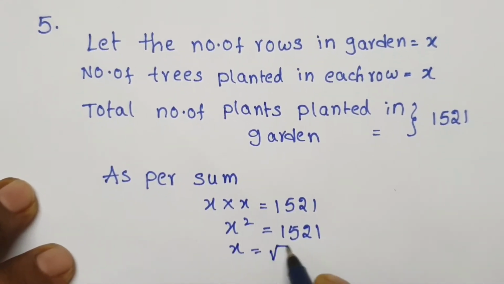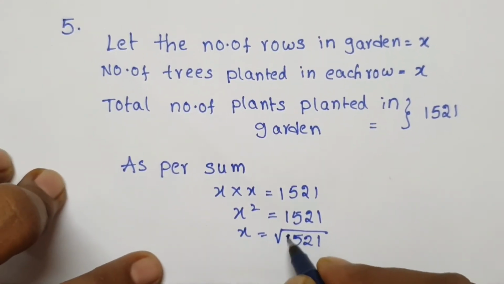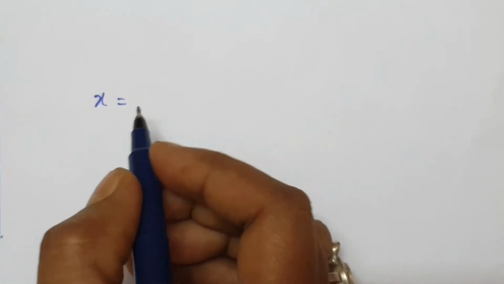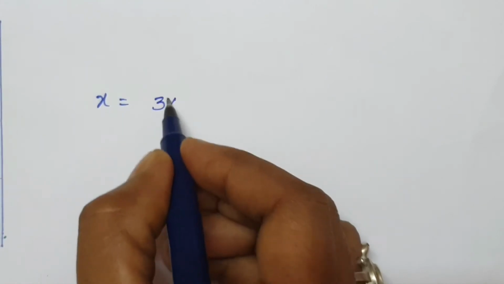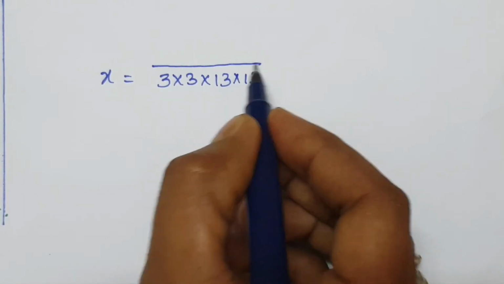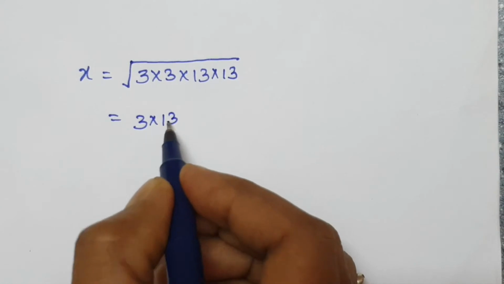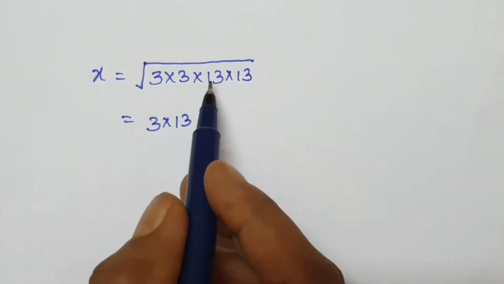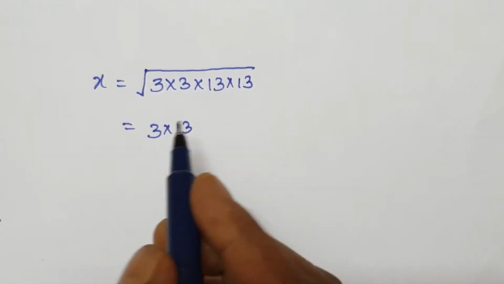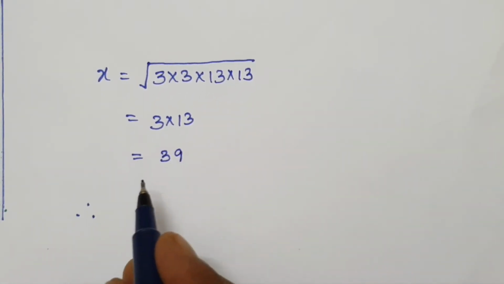X equal to square root of 1521. Do that, find this one, do LCM. In that 1521, 3 into 3 into 13 into 13. Here pair is there, 3 into 13. Do square root remove, 3 into 13 whole square. Square root get cancelled, x equal to 3 into 13. 13 3s, 39. Therefore, x equal to 39.